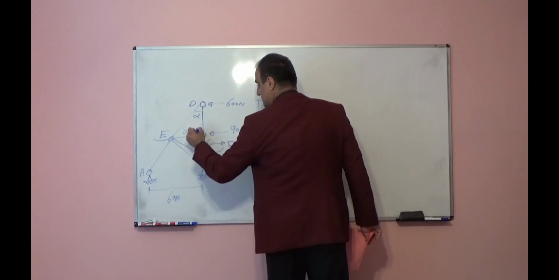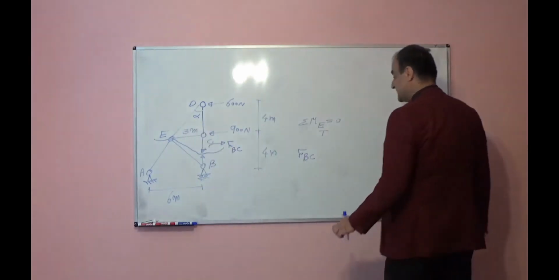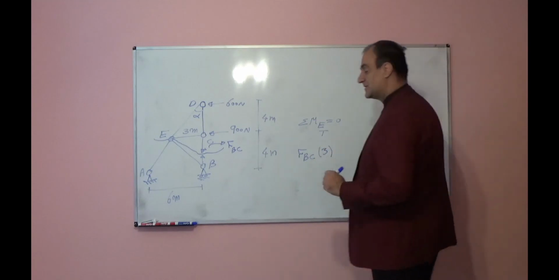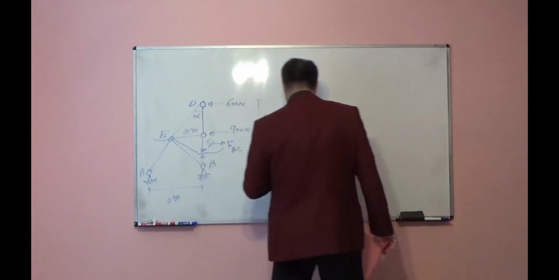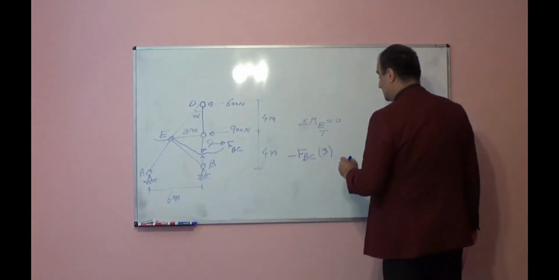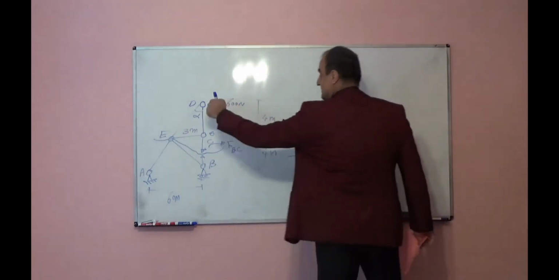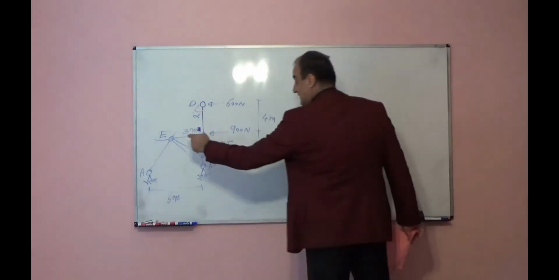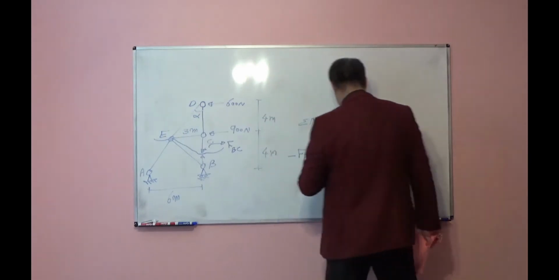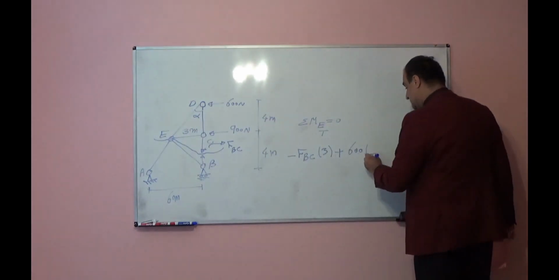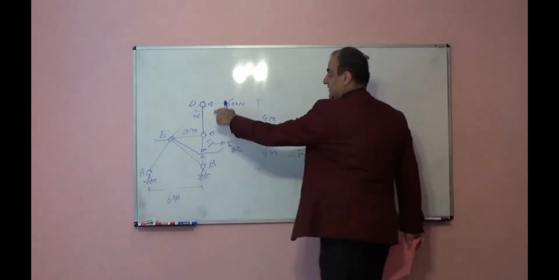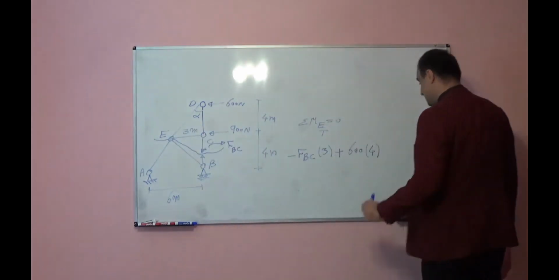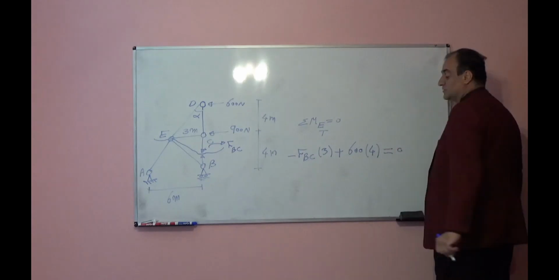So FBC times 3, rotates respect to point E clockwise, so negative, plus 600 times 4, it wants to rotate that piece respect to point E counterclockwise, so positive 600 times 4. 900 pass through E, so will not create any moment respect to point E, is equal to 0.